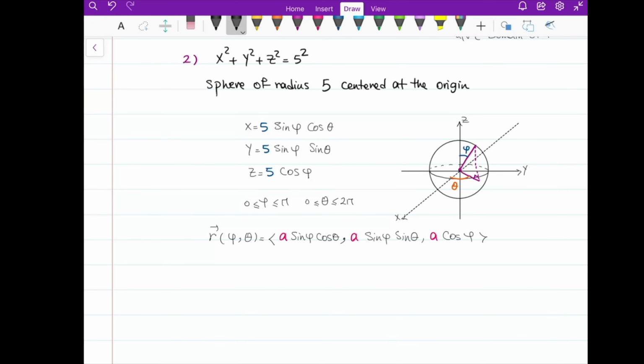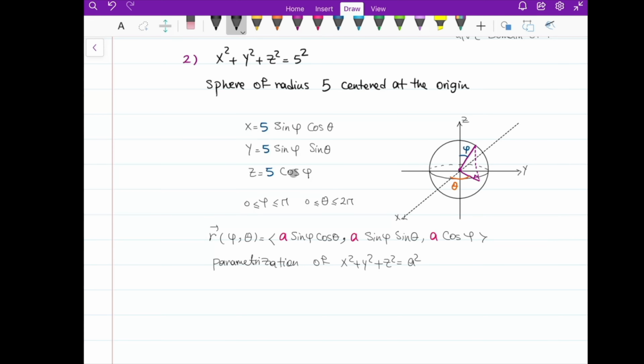This is a parameterization of x squared plus y squared plus z squared equals a squared. When a is equal to 5, I get this one.